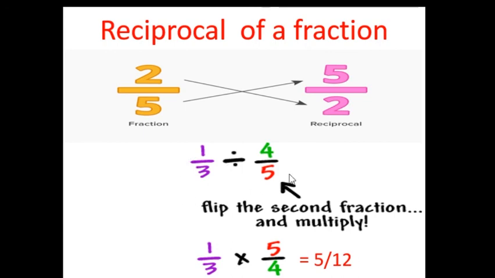So let us see an example: 1 by 3 divided by 4 by 5. So 1 by 3 remains as it is, divide converts into multiply, and 4 by 5 changes into its reciprocal, that is 5 by 4. So what value will we get? 1 multiplied by 5, that is 5, and denominator 3 multiplied by 4, that is 12. So we will get 5 upon 12.